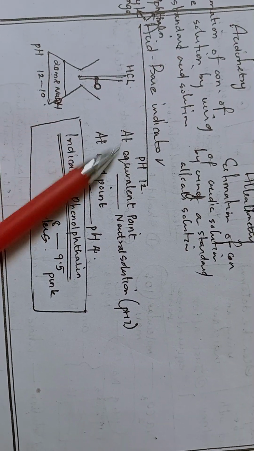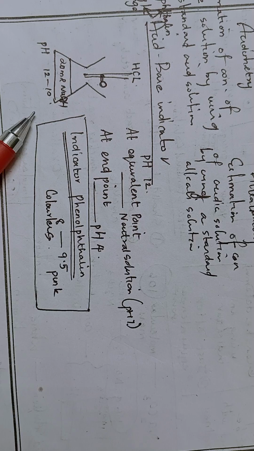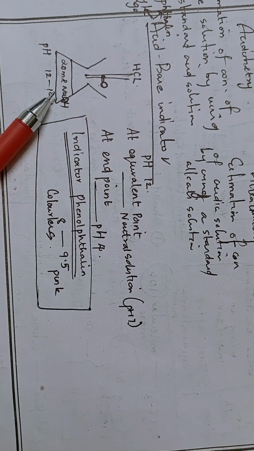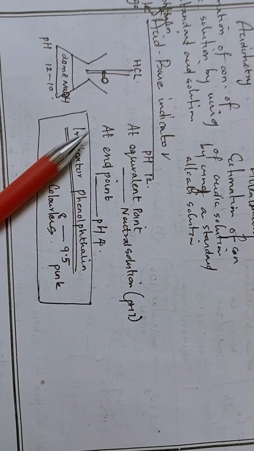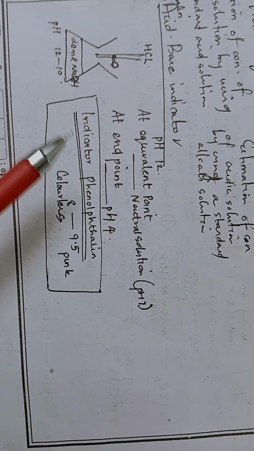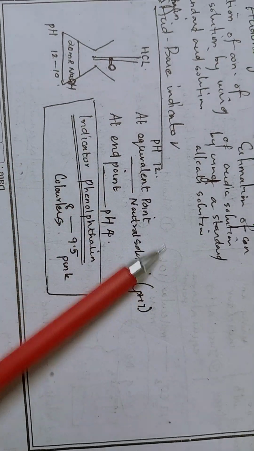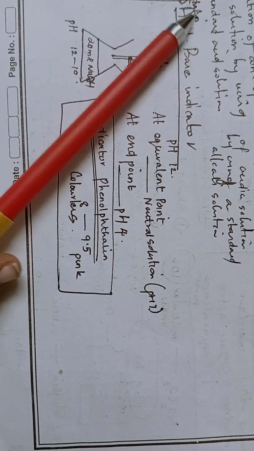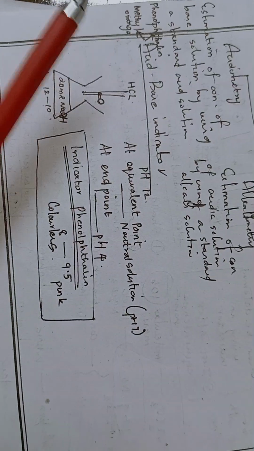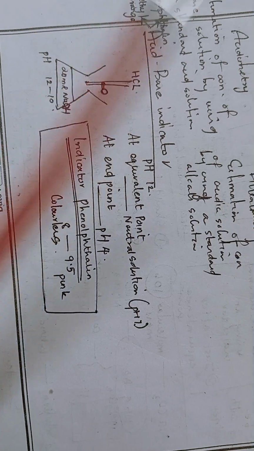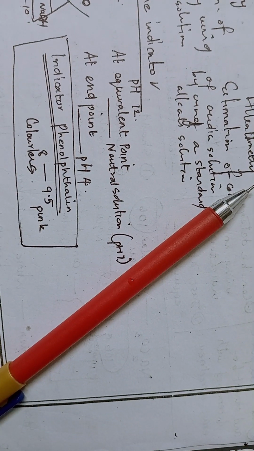These are organic acids, weak acids and weak bases. In the text we have two examples, phenolphthalein and methyl orange, where phenolphthalein is a weak organic acid and methyl orange is a weak organic base.